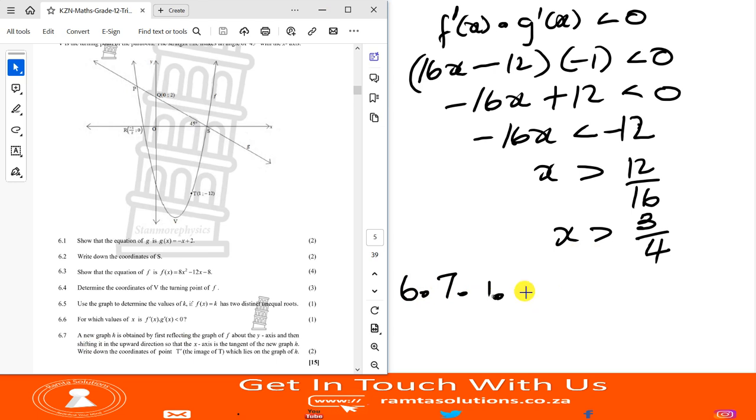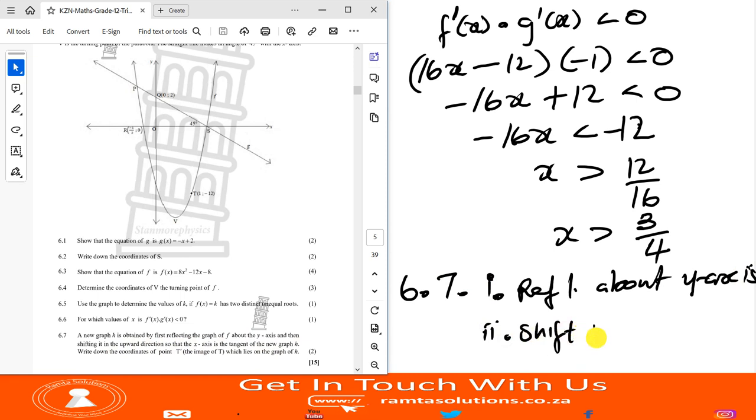So first, you reflect about the y-axis. This is the first thing. Secondly, shift it in the upward direction so that the x-axis is the tangent.